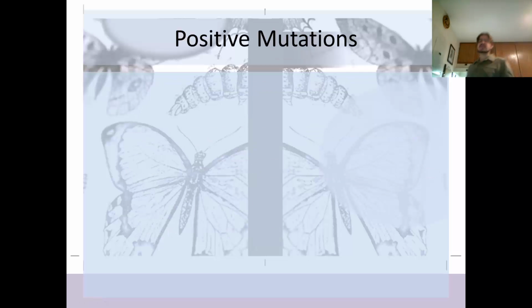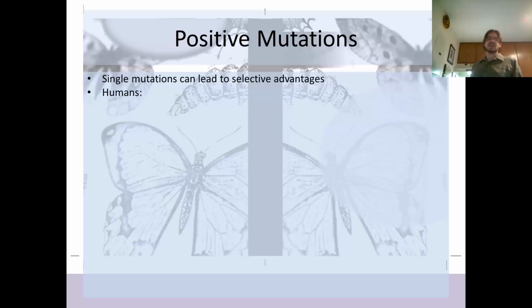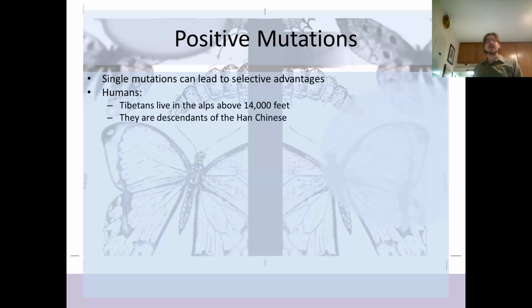We've identified some positive mutations. Single mutations. A single mutation event can lead to a selective advantage. Let's look at an example in humans. Tibetans live in the Alps in Eurasia, Asia and Eurasia, at altitudes above 14,000 feet. And they're descendants of the Han Chinese.